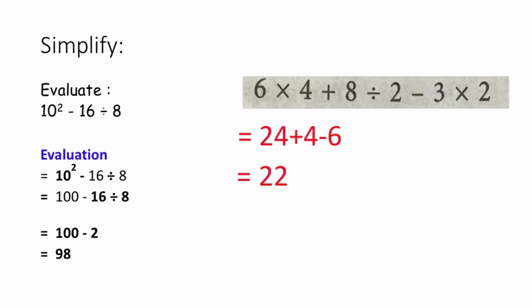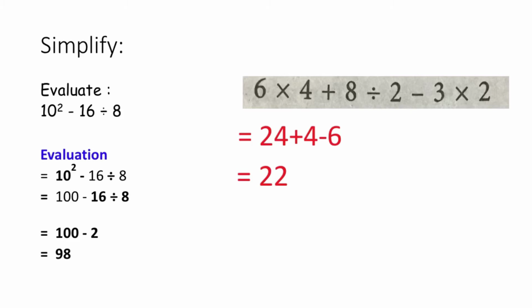To see if you have gotten it or not, let's do some problems. Let's start with the first one: 10 squared minus 16 divided by 8. Let's solve this problem using PEMDAS. We know that parentheses come first, but since there are no parentheses, let's go on to the exponents.